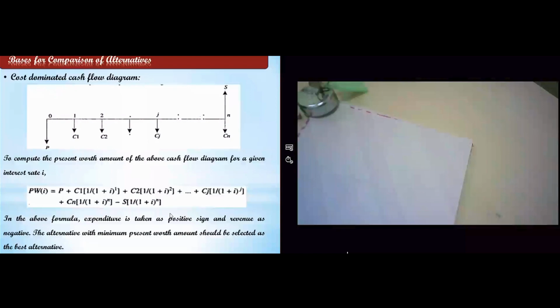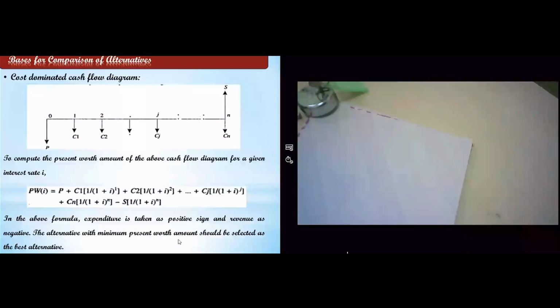If it is revenue dominated, where you have more revenue components than cost, they will see which alternative will give them better returns. So in cost dominated, the alternative with minimum present worth should be selected as the best alternative, whereas in revenue dominated, the alternative with the maximum present worth should be selected as the best alternative.